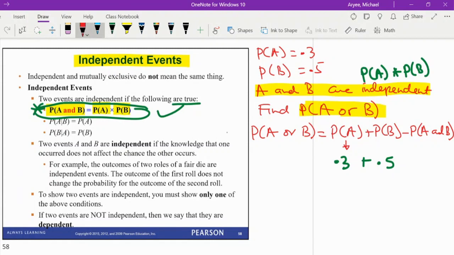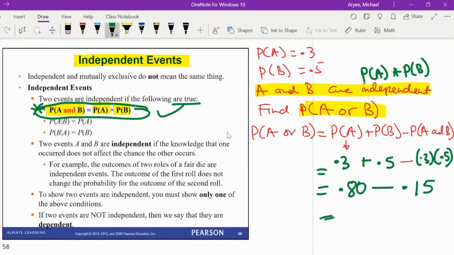They haven't given you P of A and B, but because they said they are independent, this portion is going to be 0.3 times 0.5. So you're going to have 0.8, because when you add this to that, 0.8 minus 0.15. So 80 minus 15, what would that be? My living calculators, give me some answer. 65? Yeah. Excellent.